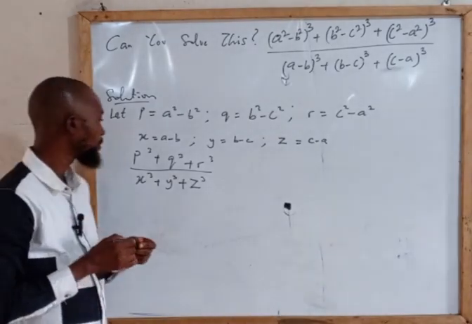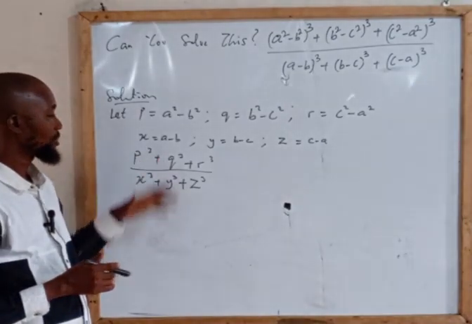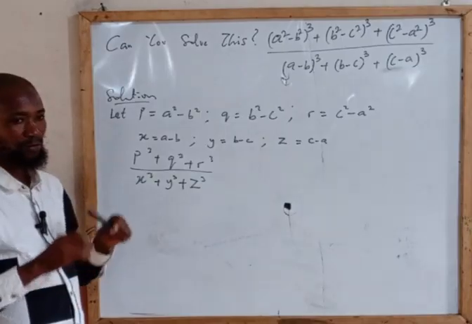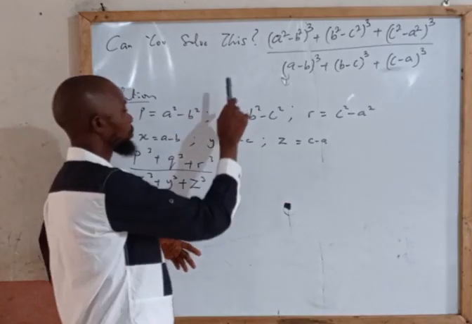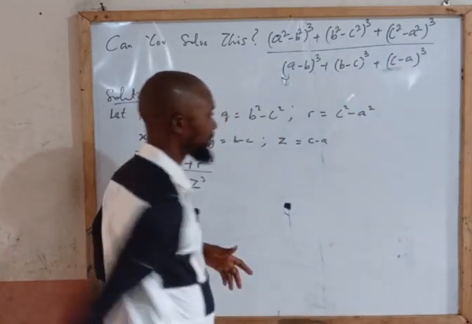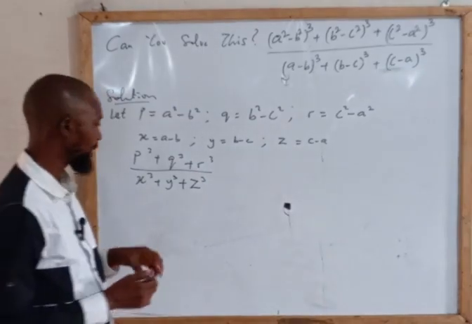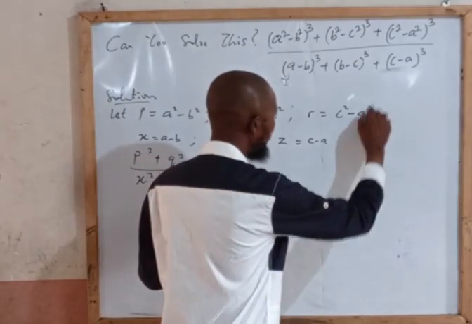Now anything involving power of 3 like this, what I will simply do is first of all verify what the addition of what I have here, what I have here, and what I have here is equivalent to. Because there is a particular identity, let me use this corner for that.